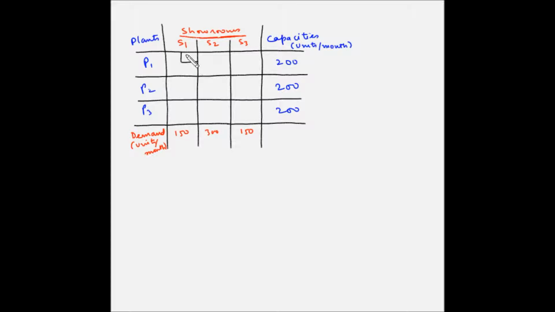in rupees per unit. So 290, 280, 300, 250, 270, 230, 350, 370, and 380.